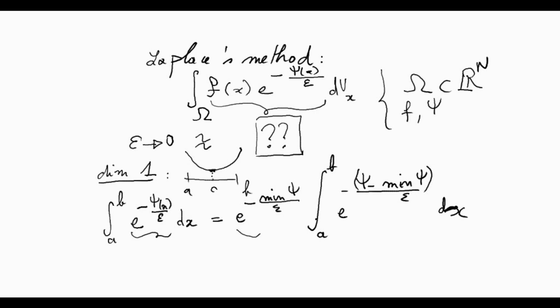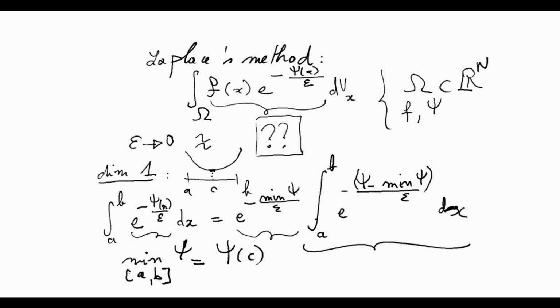So this quantity now is given. Minimum of psi is psi of C over AB. And so what needs to be calculated now is this integral, which we are going to do in the next slides.